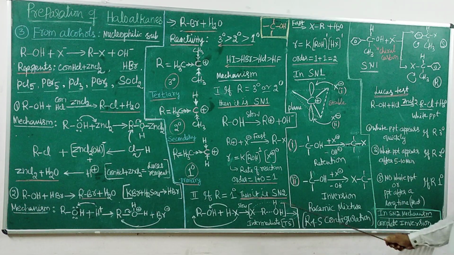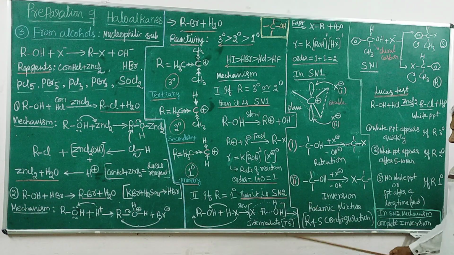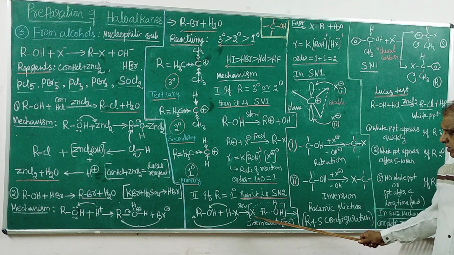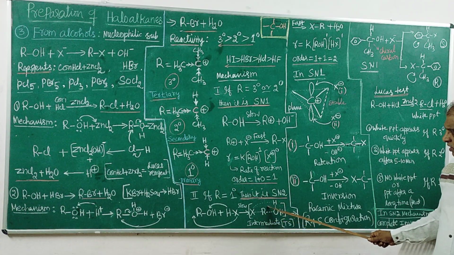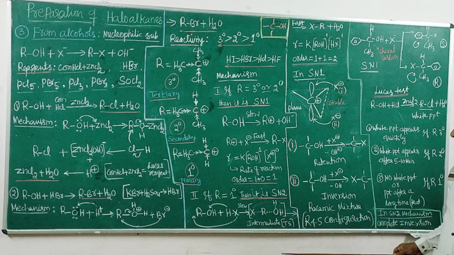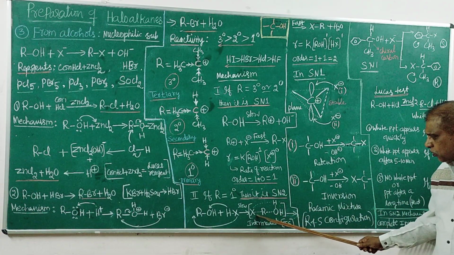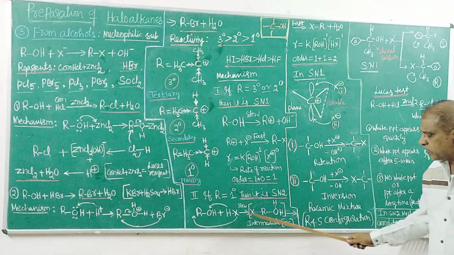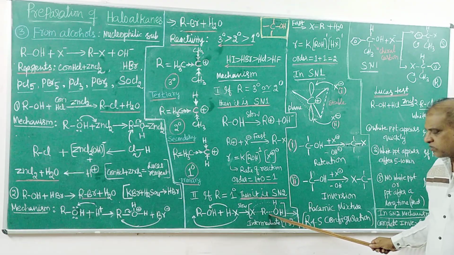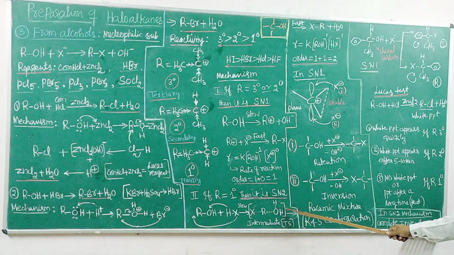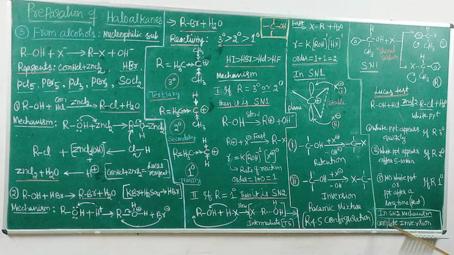But in the case of the SN2 mechanism, the halide always attacks from the rear side, because there is no formation of a carbocation. It is simultaneous: there is a leaving group and an attacking group. So the attack is only from the other side, because it cannot attack from this side. Therefore, in the SN2 mechanism, there is complete inversion.